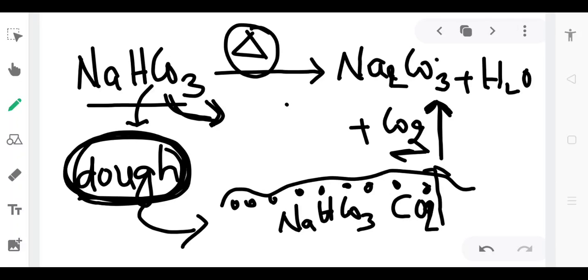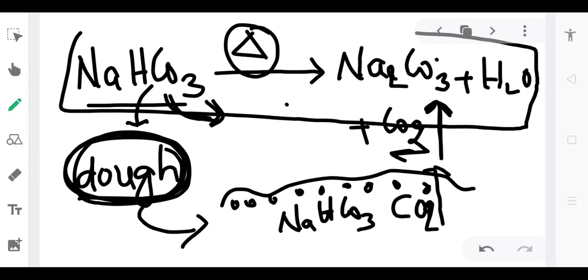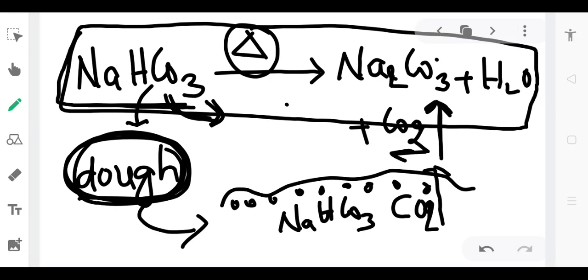This is the reaction taking place when dough is heated after adding baking soda. So this is baking action, and this is one of the uses of baking soda.